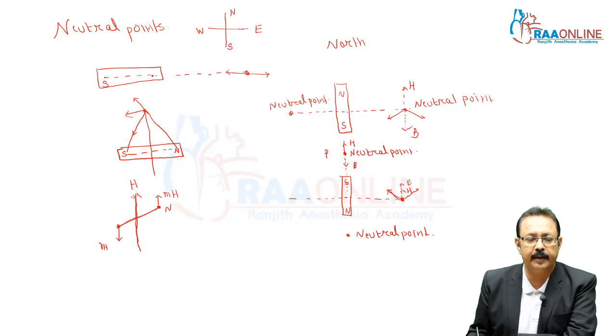The pole strength is the same, so the force is the same. So they will try to rotate the magnet.